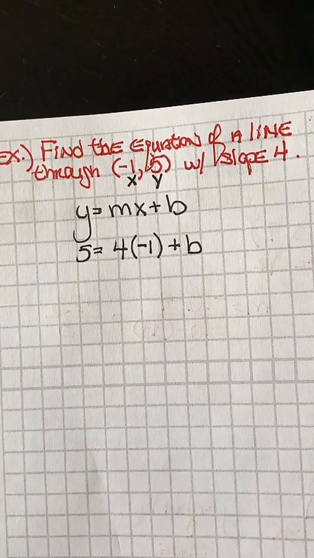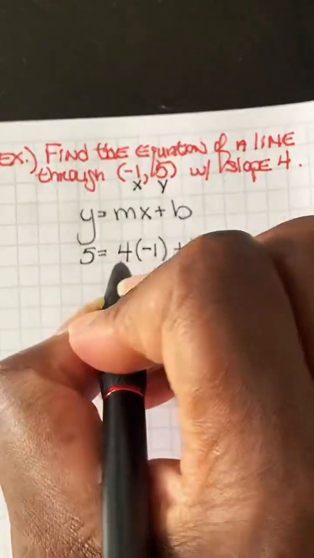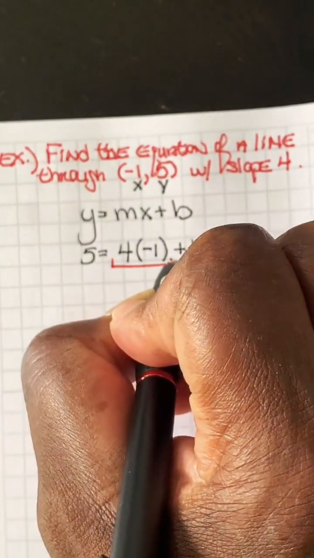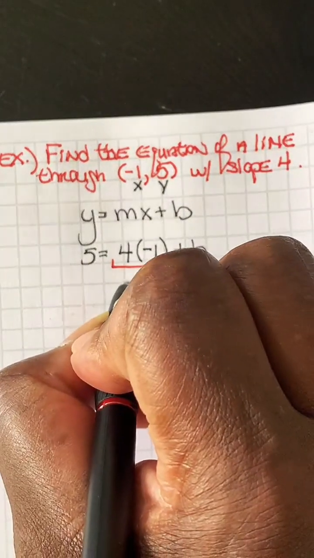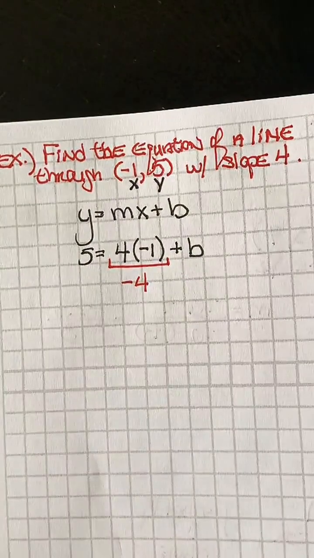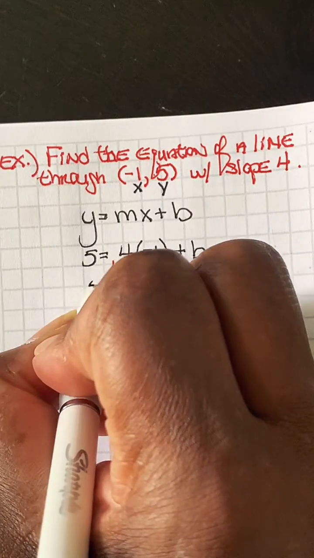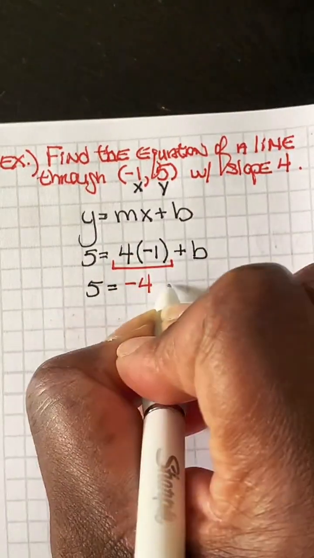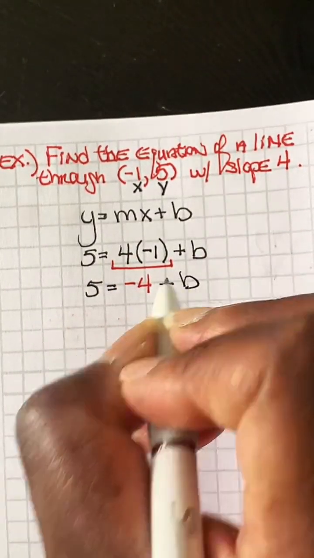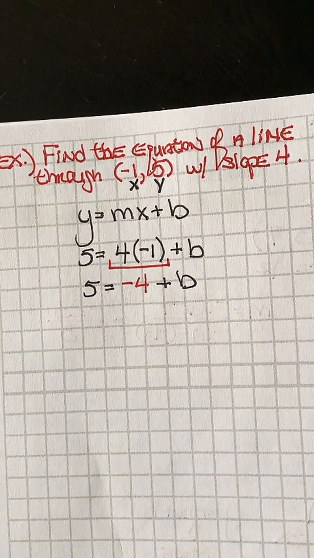So when we're solving, we're combining our like terms. So 4 times -1, that will give me a -4. So that means we have 5 = -4 + b. What should we do next?